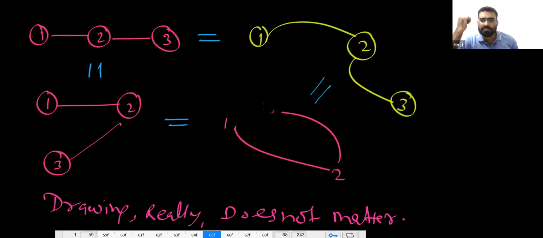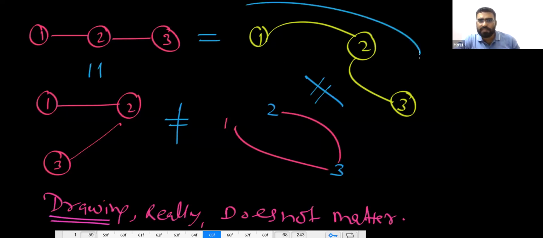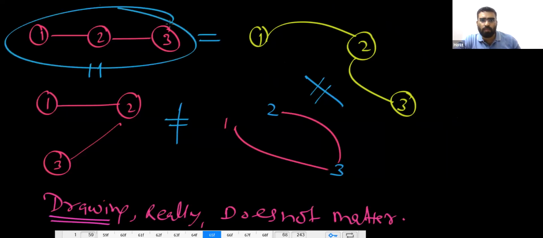But if I do this, are they same now? Now these are not same. Anyway, what I'm saying is that the drawing never matters in a graph. So this graph you can draw like this, there is no problem.